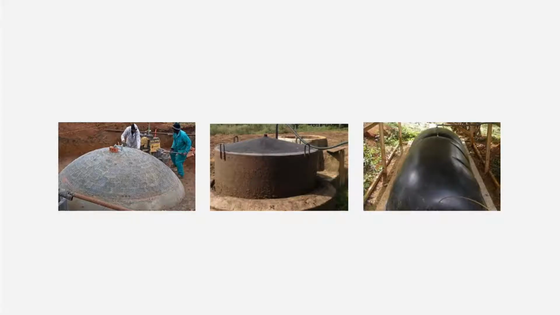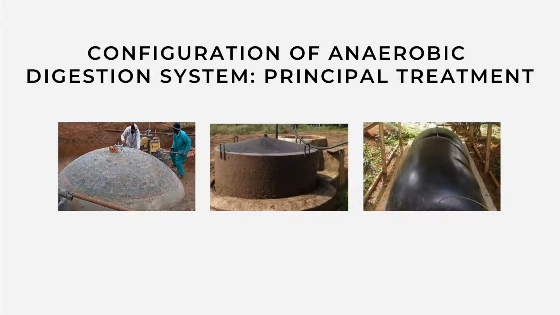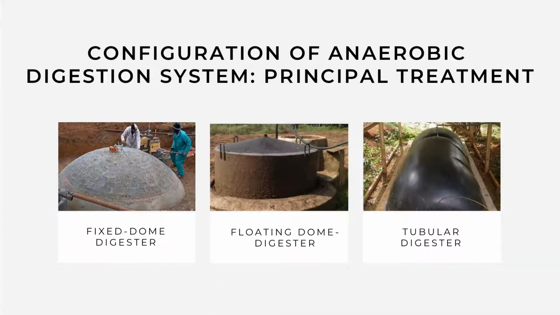The main types of anaerobic digesters in low and middle income settings are the fixed dome digester, floating dome digester, and tubular digester. In the fixed dome, the volume of the reactor is constant. As gas is generated, it exerts a pressure and displaces the slurry upwards into the expansion chamber.